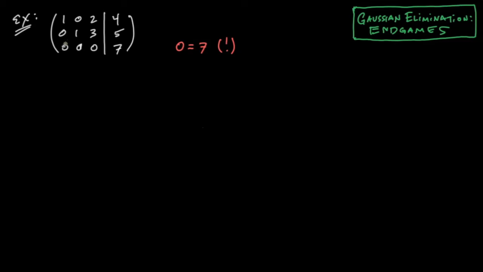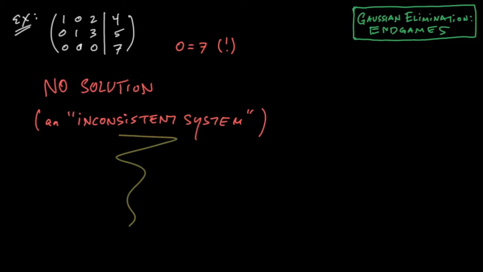So we don't even have to bother with the equations corresponding to the other rows, because the one corresponding to the last row clearly has no solutions. And if we can't satisfy that equation, then we obviously can't satisfy the entire system, which means that the system underlying our original augmented matrix has no solution. Or another way of saying the same thing, it's an inconsistent system.